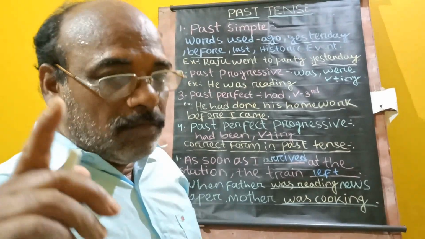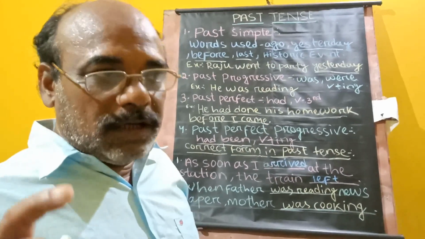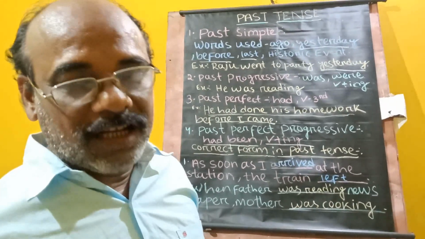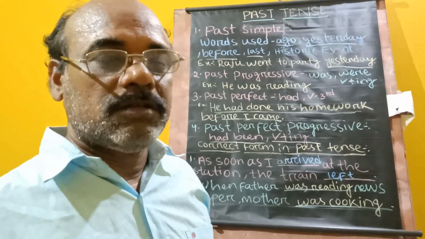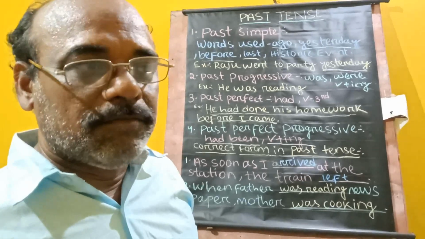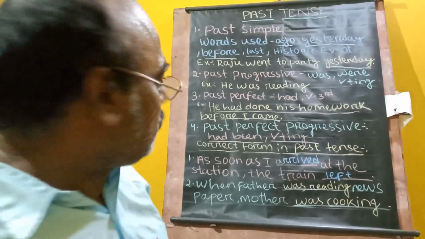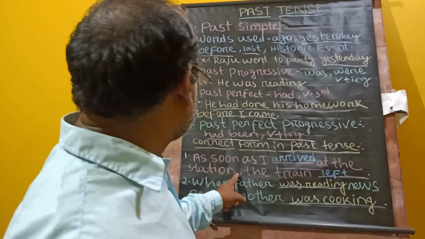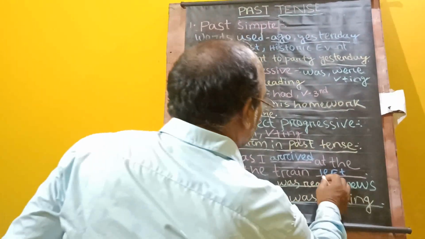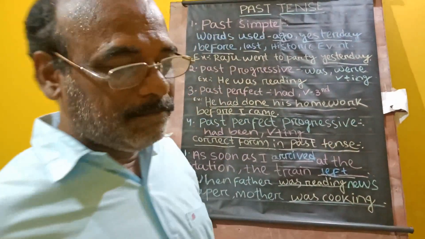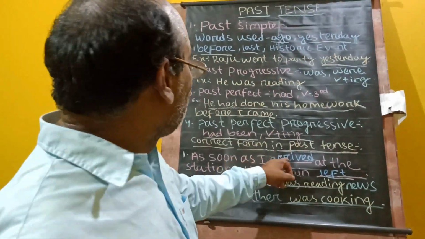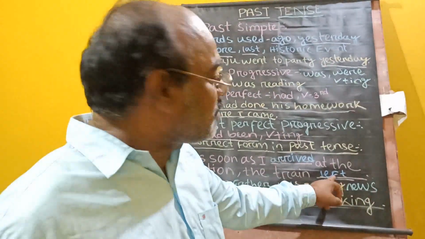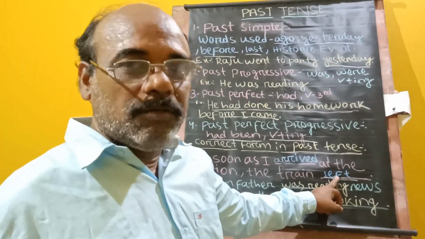If the actions take place at the same time in the past, then both will be put in the past simple form. For example, as soon as I arrived at the station, the train left. Arrived is in the past simple form. Left is also in the past simple form.